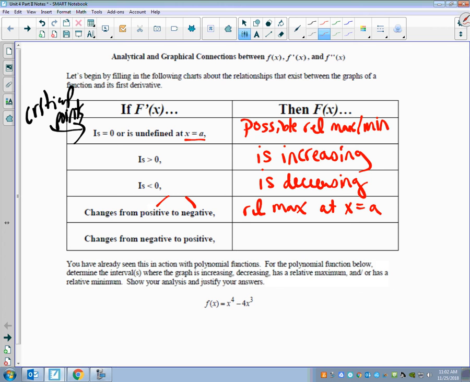And if it changes from negative to positive, the derivative, that means it's changing from decreasing to increasing. So that is a relative minimum at x equals a. So we've done this before. We made the little sign chart. So let's just kind of refresh our memory here and see what we can do.